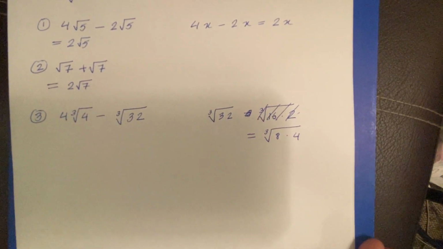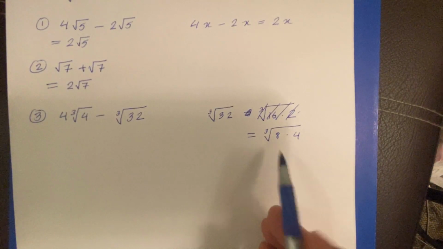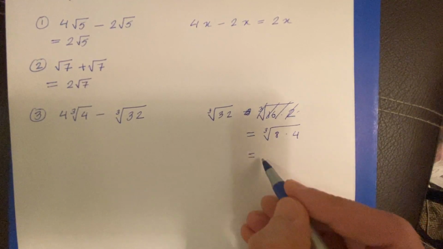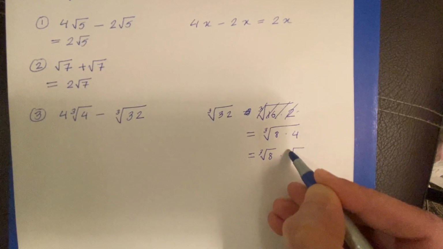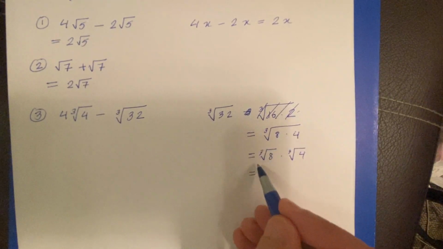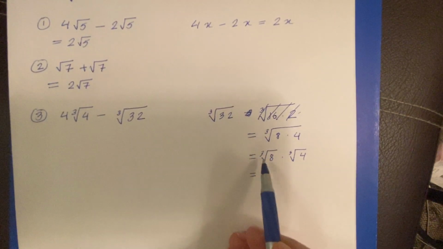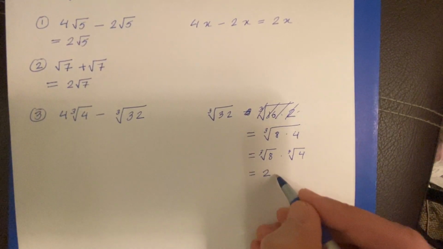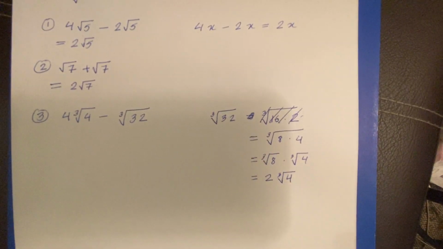The reason I'm doing 8 times 4 is that I can take the cube root of 8. After this I can break this into two terms, cube root of 8 times cube root of 4, which gives, well, cube root of 8 is, it's cubed, right? So cube root of 8 is 2 times cube root of 4. Well, it's not 2.